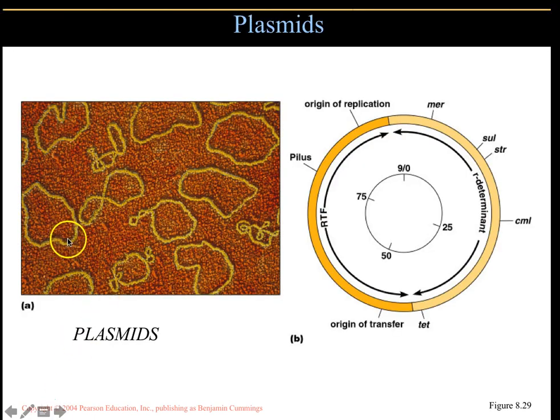This is actually an electron micrograph in which they colored it because electrons are black and white, but they're very, very cool. And there they are. This is showing you way too much information as far as what the genes are. But here you have TET, and that's going to be tetracycline resistance, and so forth and so on. So those are the plasmids.